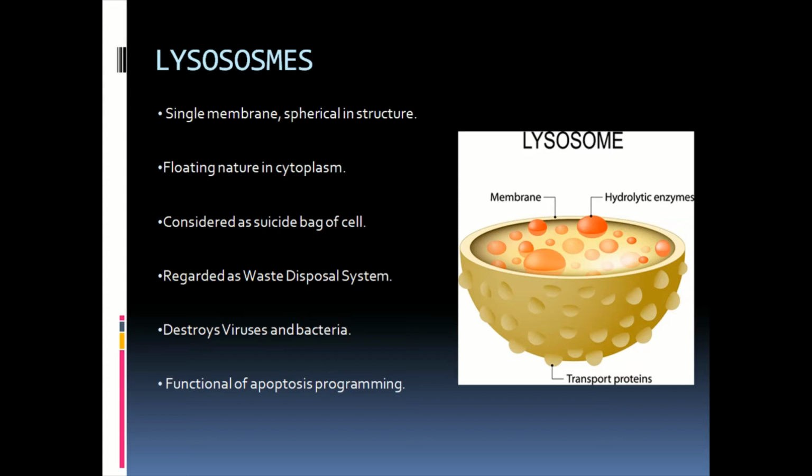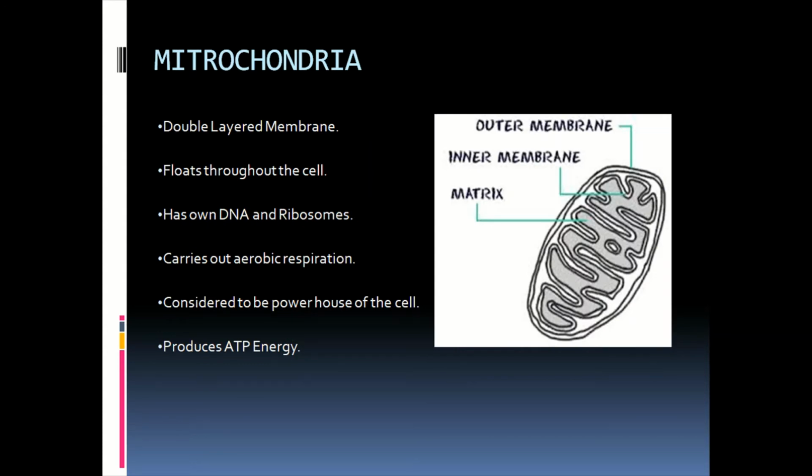It has the great function of digesting the worn out parts of the cell. New lysosomes are then created when the old lysosome is destroyed by itself, according to its function. This process goes on and on, the cycle continues.